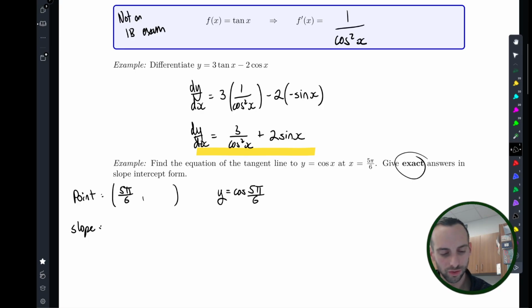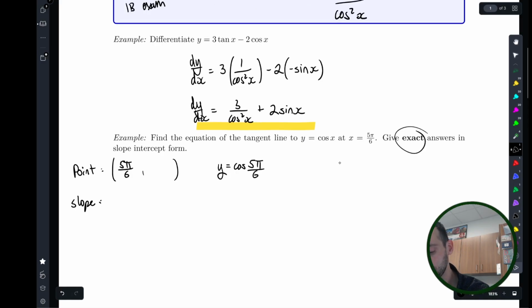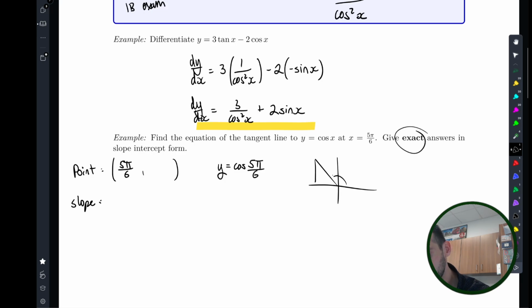So we'll do a little trig review from our unit circle. We know that 5 pi over 6 puts us in quadrant 2. This is 5 pi over 6. That gives us a reference angle of 30 degrees. So we know the sides on our 30-degree triangle are 1, root 3, and 2. We have a negative side down the bottom because of the direction it's pointing.